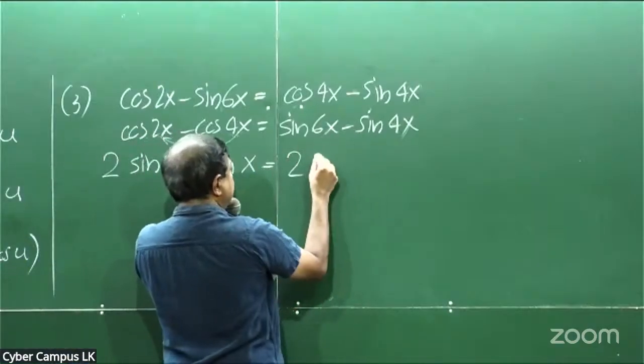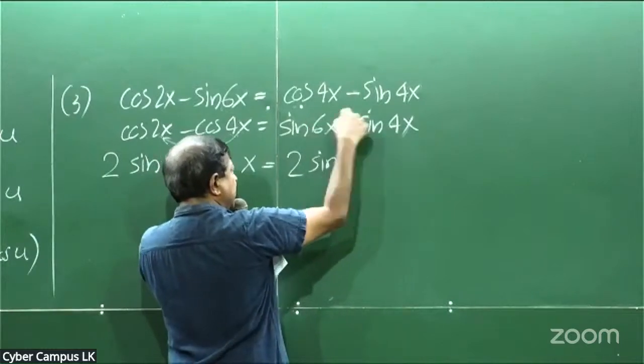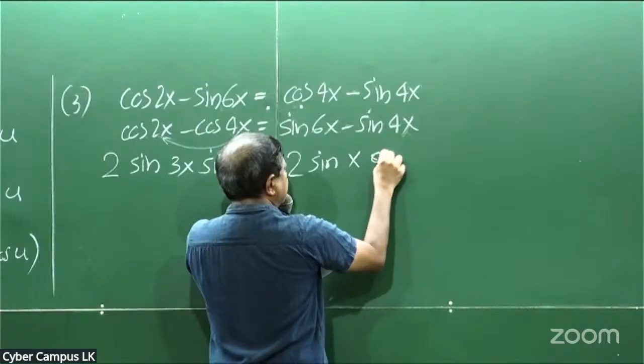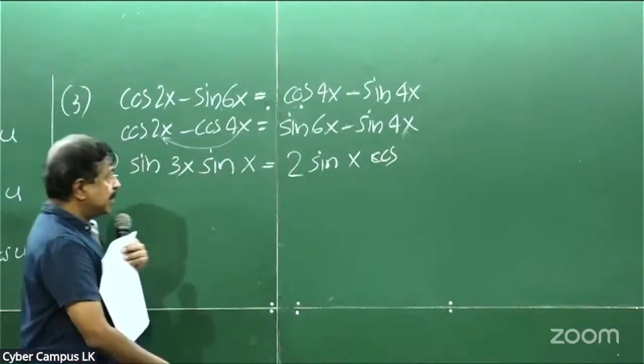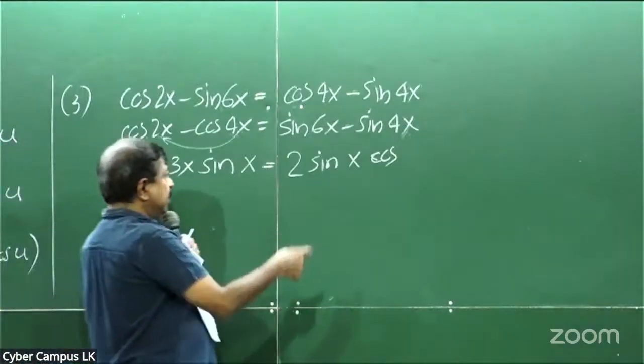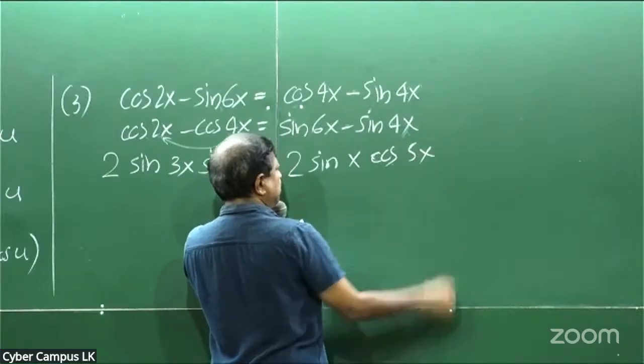Here, sine C minus sine D. So inside sine, you have the difference divided by 2, sine x. Then the other one is cos, because in the case of CD formulas for sine, you have both sine and cosine. So in this case, you have the sum divided by 2.